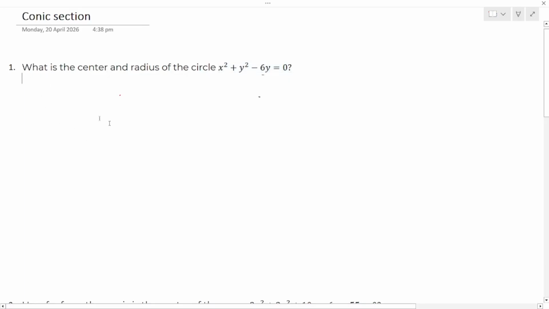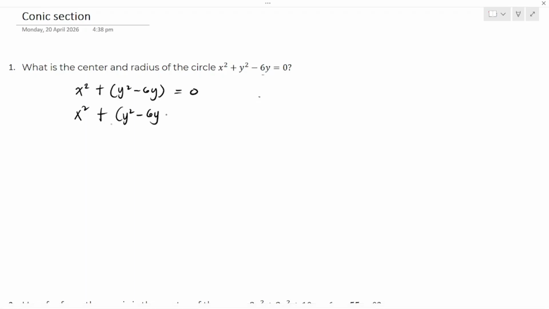But in this case, what we will be doing is to complete the square. Do you know how to complete the square, guys? For x, that is x squared, and we group the similar terms: y squared minus 6y equal to 0. There is nothing to complete for x since it is only x squared. For y squared minus 6y, we divide the negative 6 by 2, and the result is negative 3.